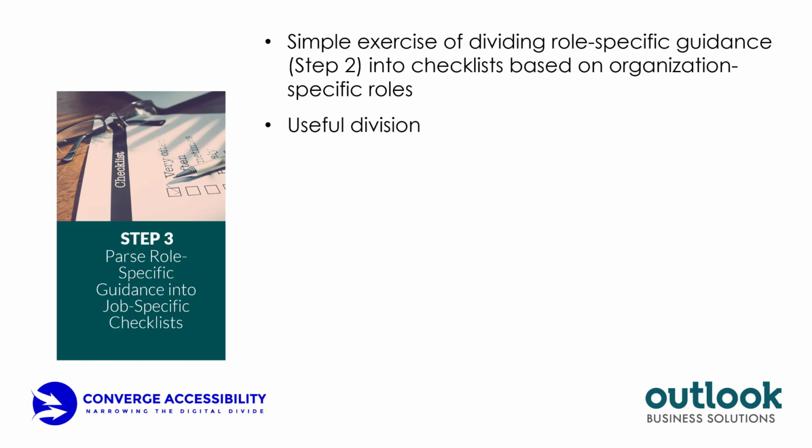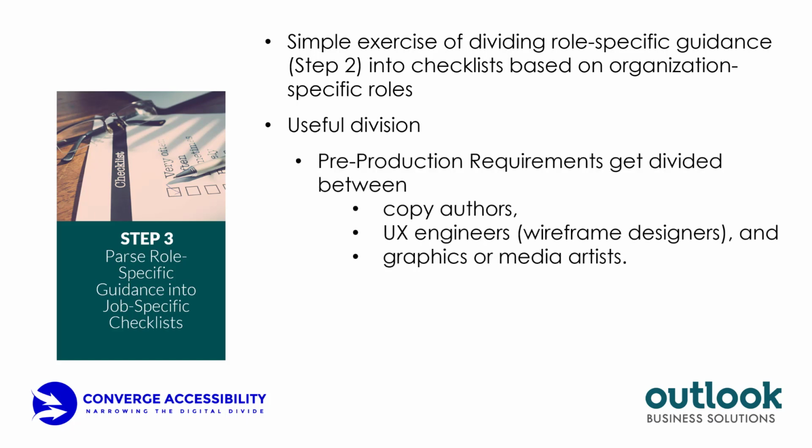How we divide up the requirements may change based on our organization structure, as no 2 organizations are the same. Even so, we have found that the following basic structure works surprisingly well across most organizations and requires only minor tweaks. First, the non-technical pre-production requirements get divided into 3 role-based guides.